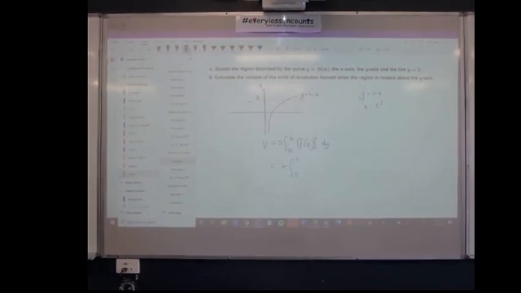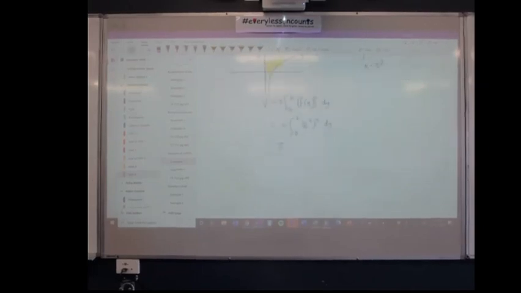So we're going from the y-axis up, so we're looking at this area in here. Right, that's the area we're interested in. So we're integrating between 0 and 2 of e to the y squared dy. So that's going to be pi lots of e to the 2y over 2 between 0 and 2.